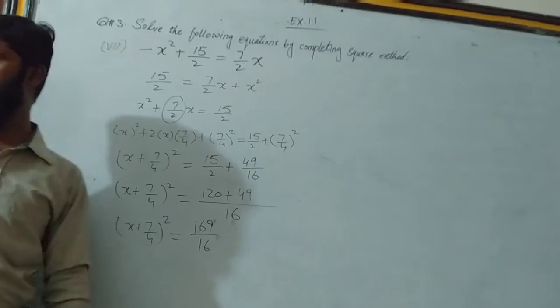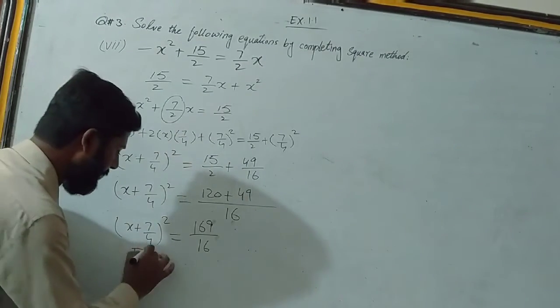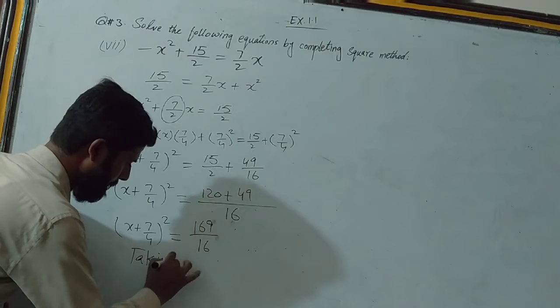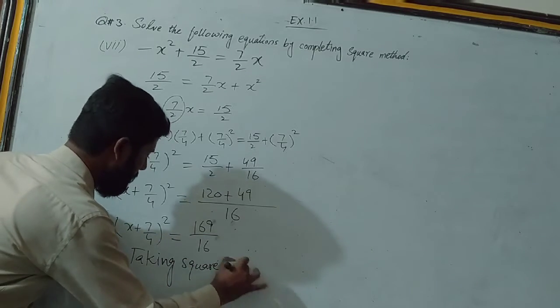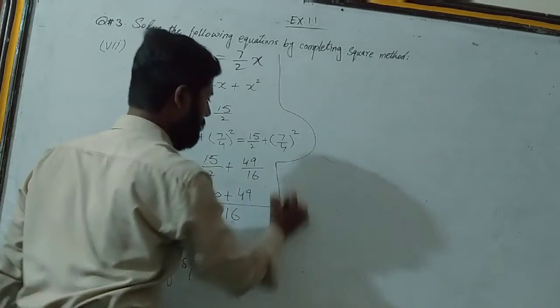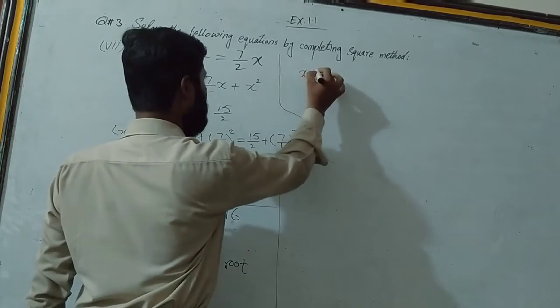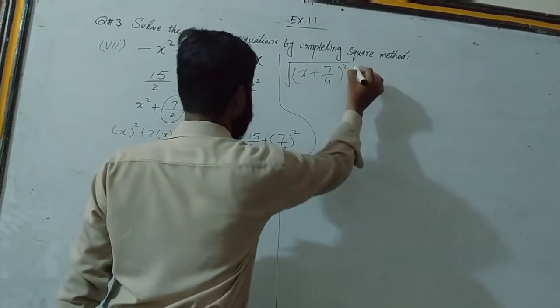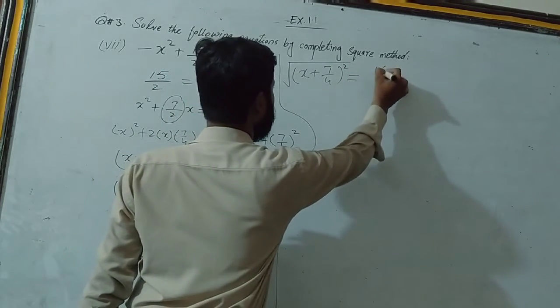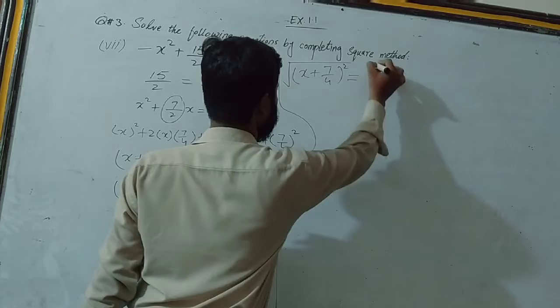Now it is solved, so we have to simplify it. We will write here, taking the square root. When we take the square root, it will be the square root of x plus 7 over 4 whole square is equal to the square root of 169 over 16.